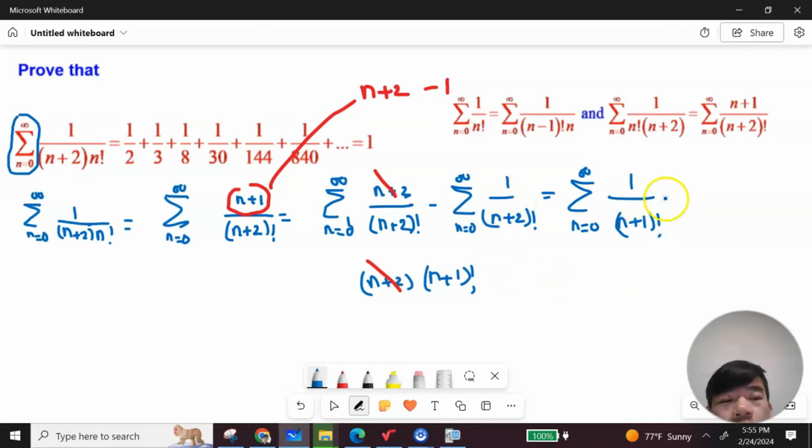The second one I have 1 over (n plus 2) factorial, right? So I just combine them. Does it make sense?